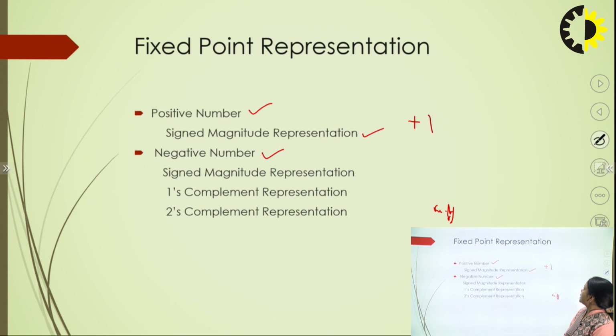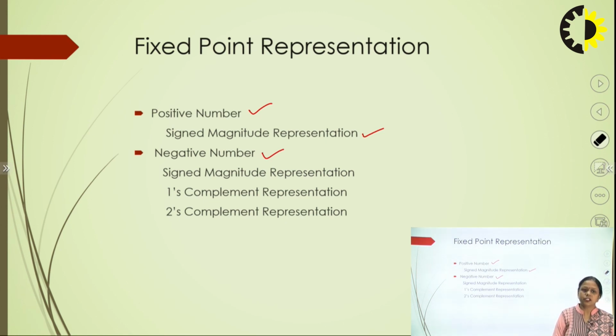For plus 1, we will take the magnitude value 0, 0, 1, and for the plus sign we will give 0. It means plus will be represented by 0. So in sign magnitude representation, we give the magnitude value and the sign bit 0 for the plus sign. In this way we can represent a positive number in sign magnitude representation.